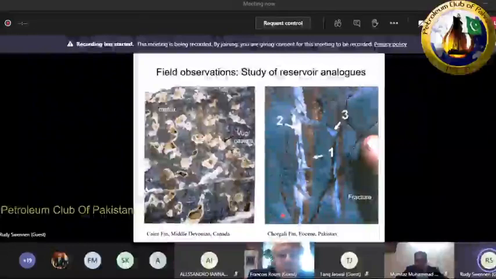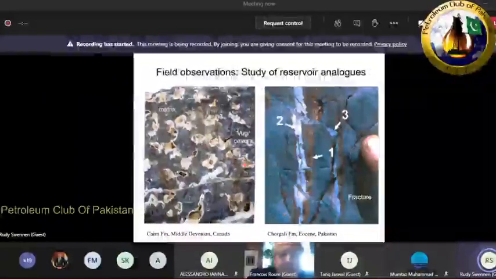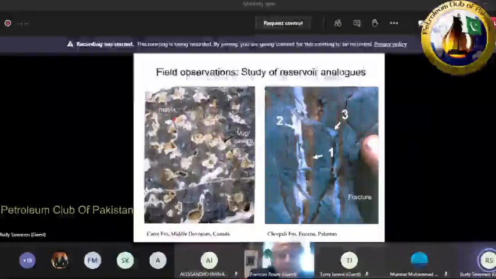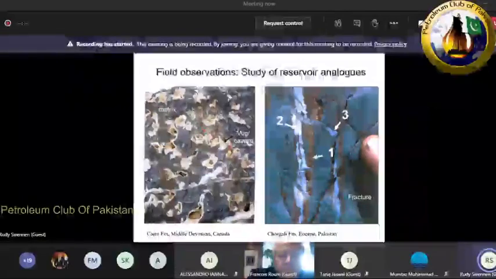So field observations were quite crucial, and here we have already an example where we have matrix porosity in this dolomite and also some vug porosity, cavern porosity.